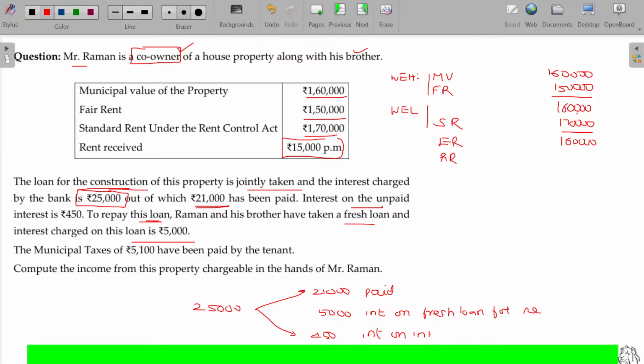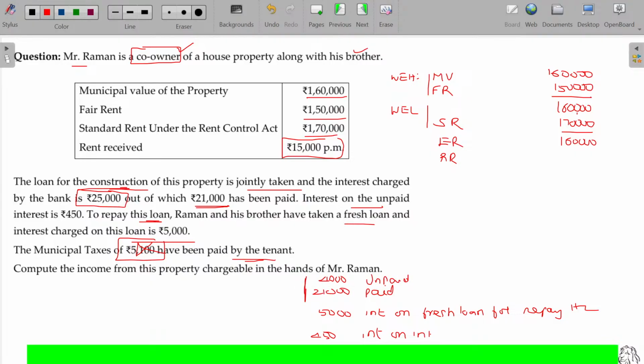For repayment of housing loan, repayment of home loan. Municipal tax 5,100 has been paid by tenant, so it is not deductible. Okay. Now, what amount can be deductible? Out of 25,000, I think it is not this way classification. 21,000 paid, 4,000 is unpaid.